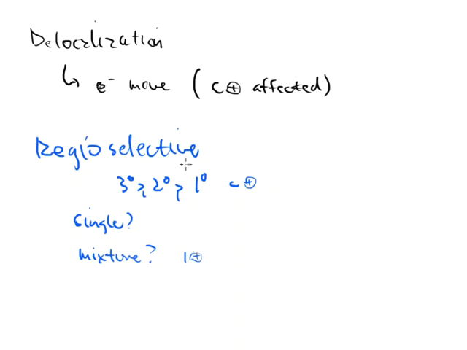Well, regioselective is a word that we use to describe this concept. If it is a single product, only one product can actually form, that of course is going to be way different than if there's a mixture of products that could be formed. If there is a mixture of products that are formed, this is not regioselective.